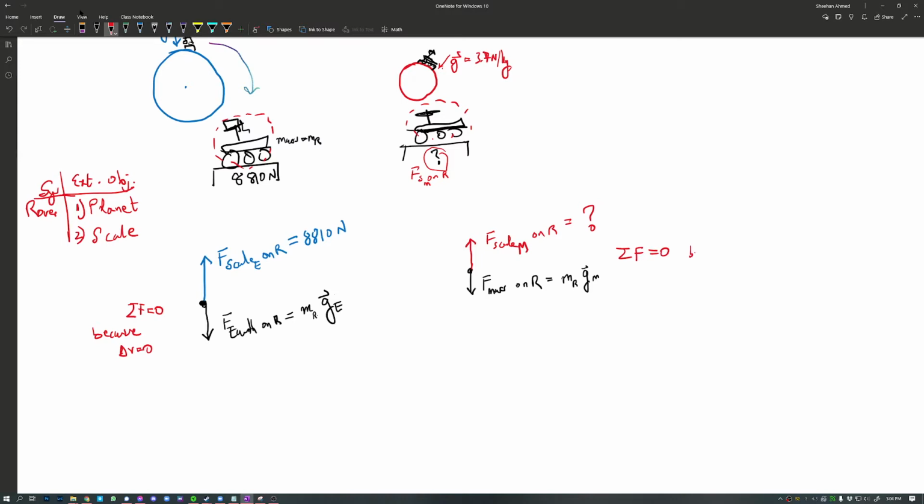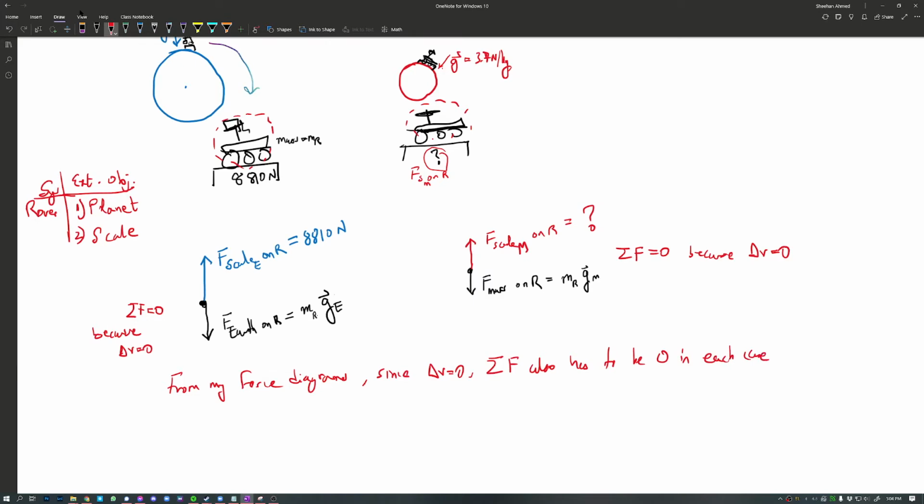Sum of forces equal to 0 because delta v equal to 0. It's just standing still on the scale. From my force diagrams, since delta v equal to 0, the rover isn't moving or accelerating, so the sum of forces also has to be 0 in each case.